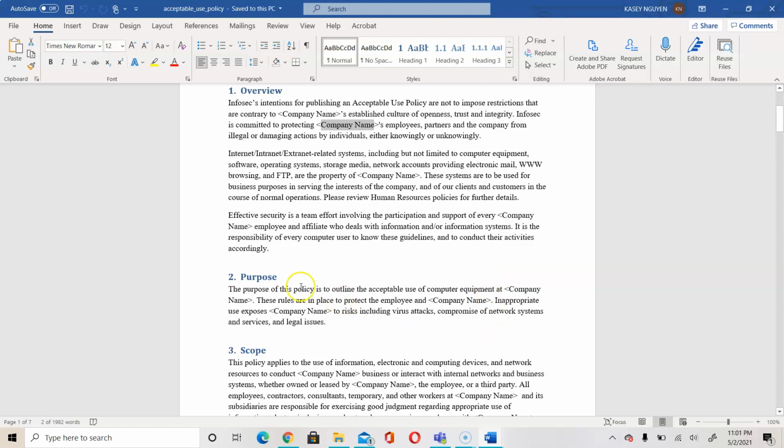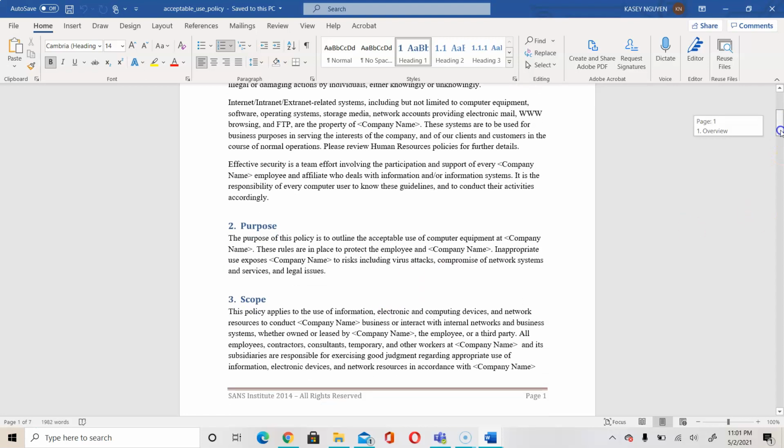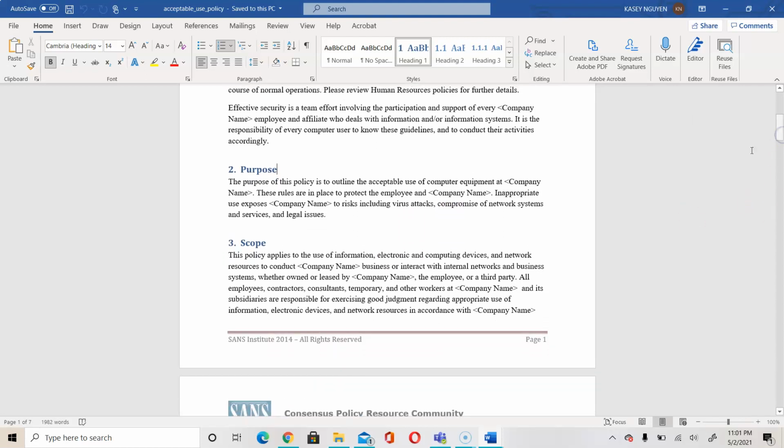The purpose of the policy is to outline how the equipment is used and what would be acceptable use, what's allowed and what's not allowed. We want to be very clear and specific about the actual allowance of tasks and devices that the user can operate using our systems and services.